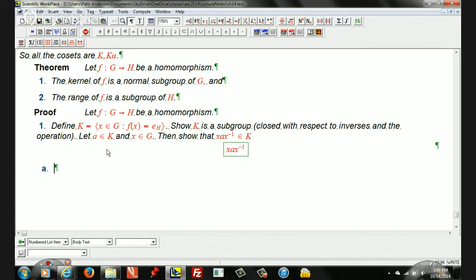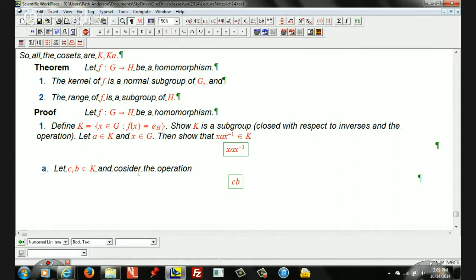So get any two elements in K. Let's say C and B. Then you have to operate them on each other, right? So you're looking at CB. Now, what do you know about CB?